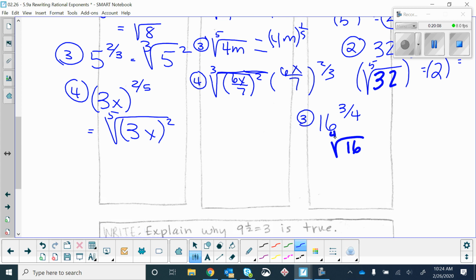What times itself 4 times gives you 16? That's why it's 2, because if you had four 2s and you multiplied them, 2 times 2 is 4, times 2 is 8, times 2 is 16. So this is 2. And then you do the power. The power is 3. These just both happen to be 2, but it's not always going to be.